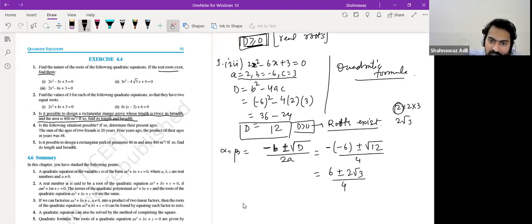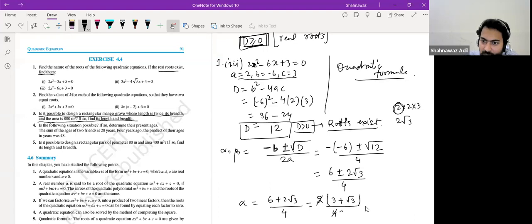Now let us take the positive one. So 6 plus 2 root 3 by 4. What is common here? 2 is common. So this is the first root.